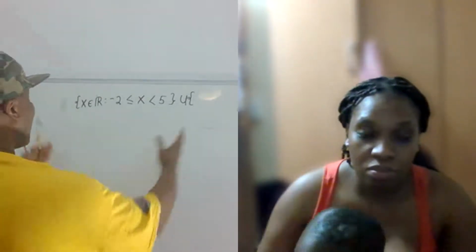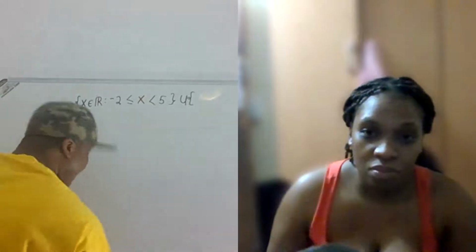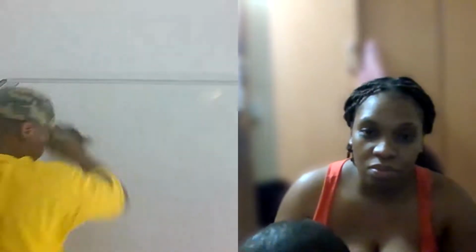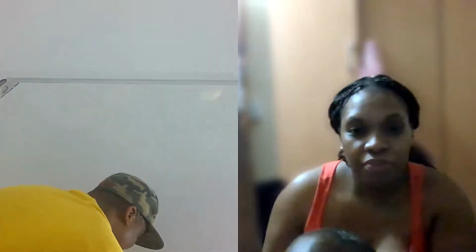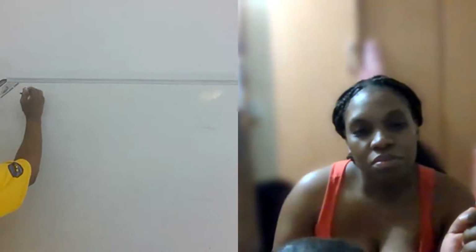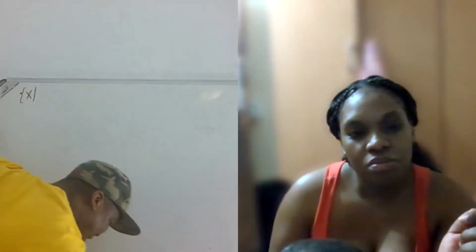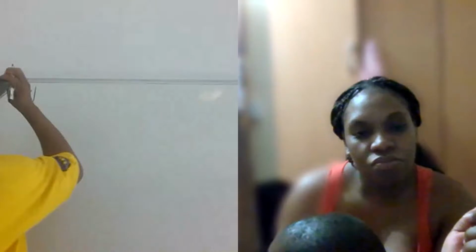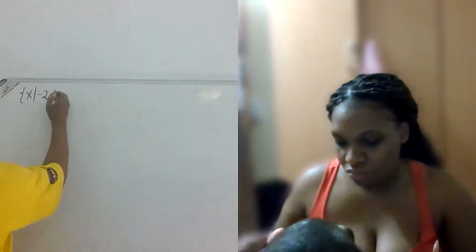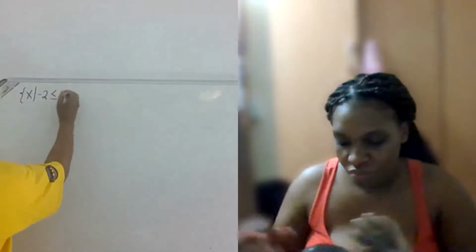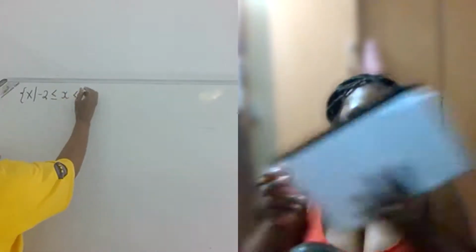Let's say here from the question, X is an element of the real numbers with -2 less than or equal to X, and X less than 5.